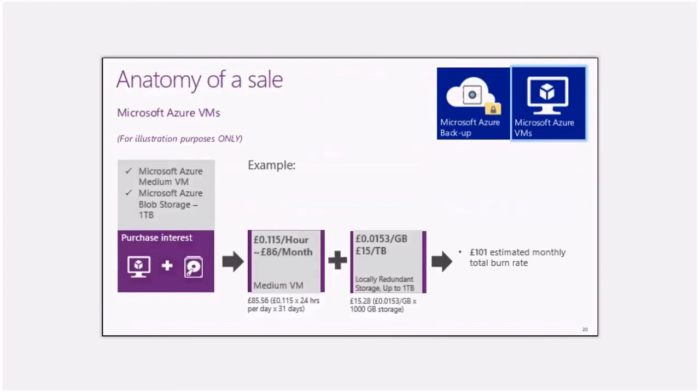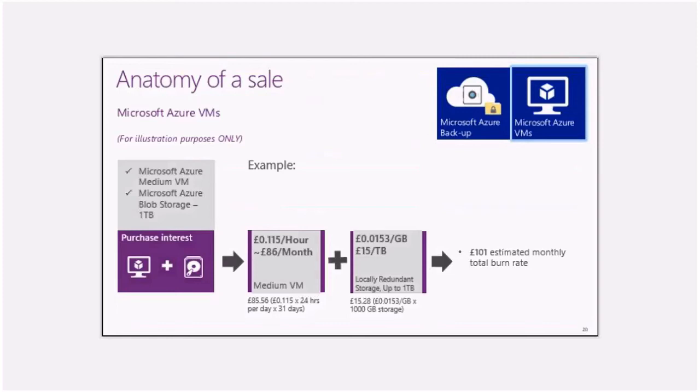So what we'd consider a fairly bog standard compute set, and that's your compute power, and then you choose storage, basically the online hard drive element, to attach to that compute power, and in this case Azure Blob Storage 1 terabyte, which is 1.5p per gigabyte, as we mentioned earlier, so that terabyte will cost you £15 a month.